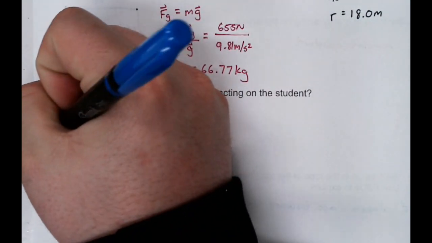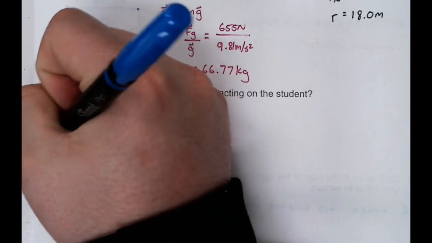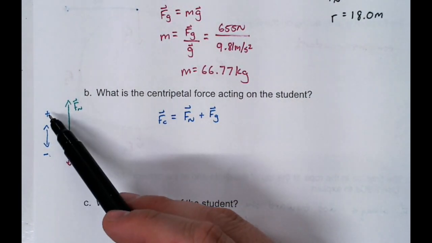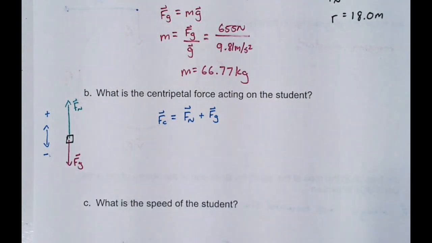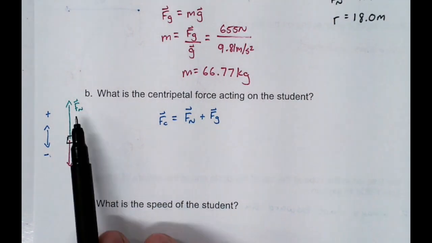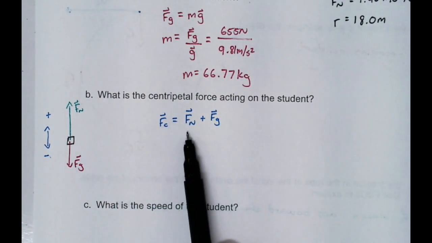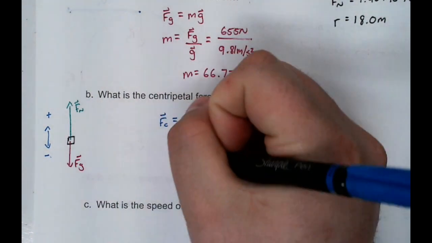As we always do, we need to give directional justification. In this case, I'm going to give positive up and down negative. So now we know the normal force, we know the force due to gravity, so we can plug in and solve.